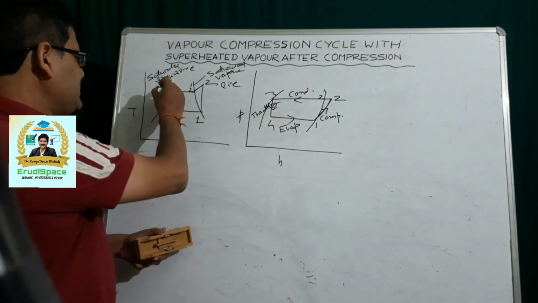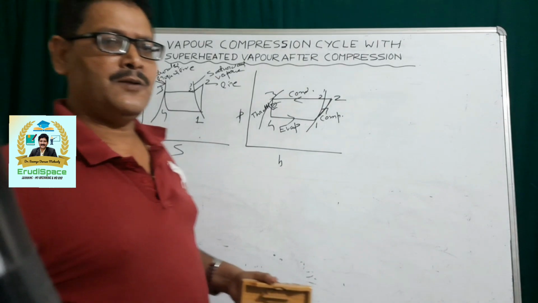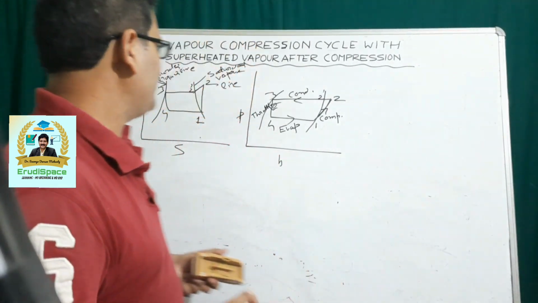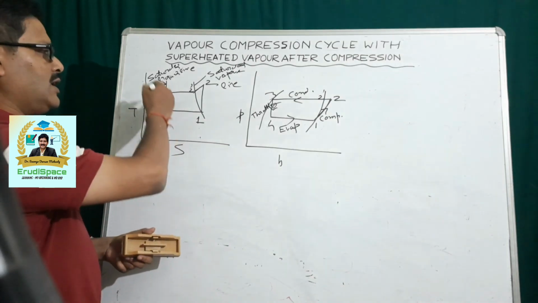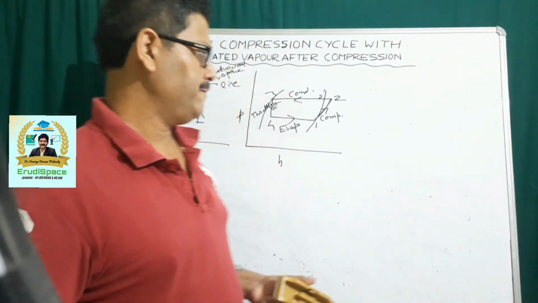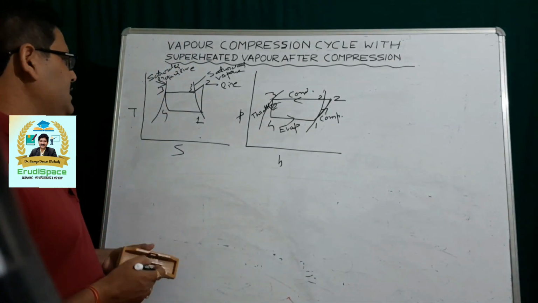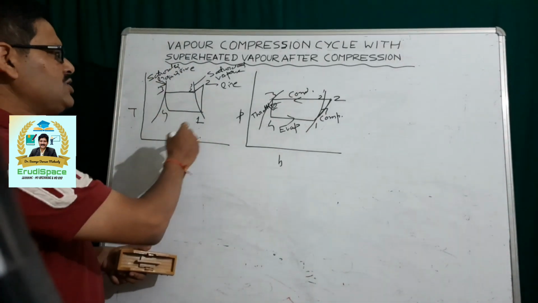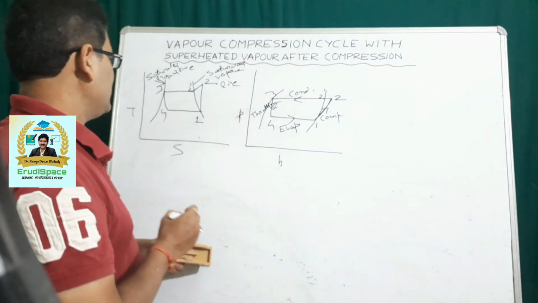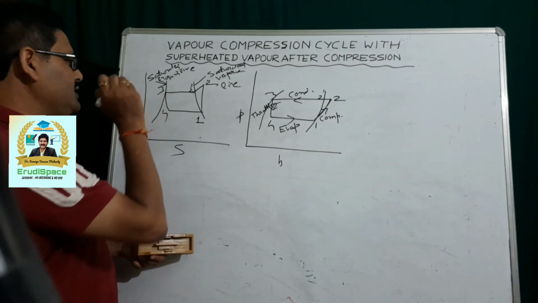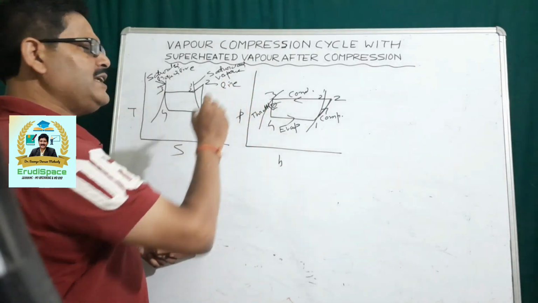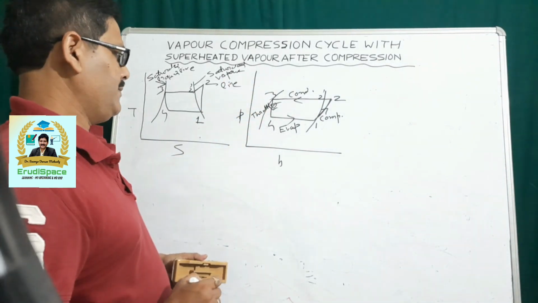Then it enters the refrigerant control valve or your throttling valve, where it undergoes unrestrained expansion. No work output is obtained in case of throttling, but the temperature and pressure both fall, as you can see from the figure, that P3 is more than P4, and similarly T3 is more than T4.